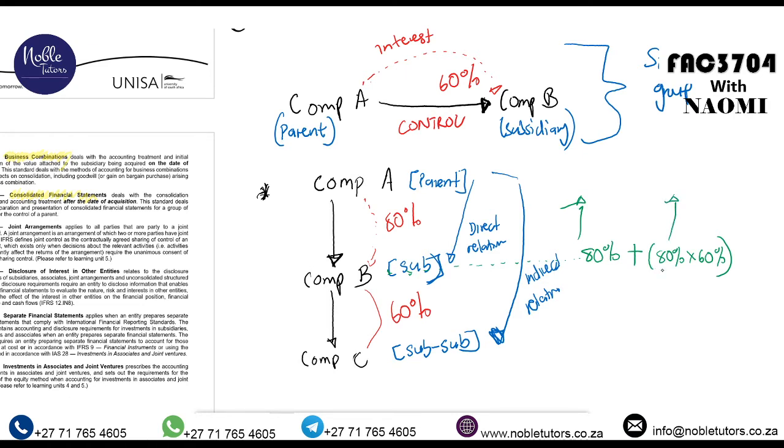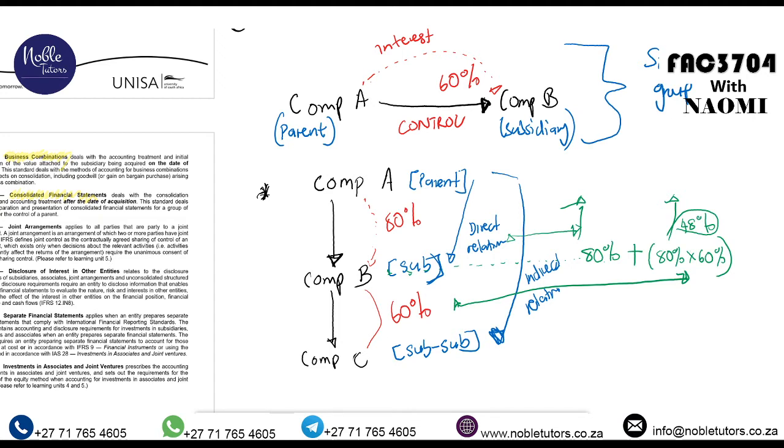So 80 times 60 gives me 48%. From a direct relationship, company A gets 80%. From an indirect relationship, company A gets 48% because it gets 80% of the 60% that they are receiving in the subsidiary.